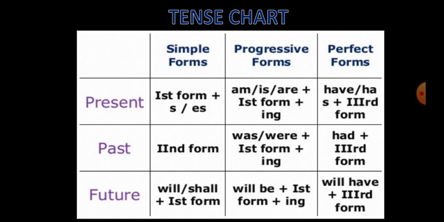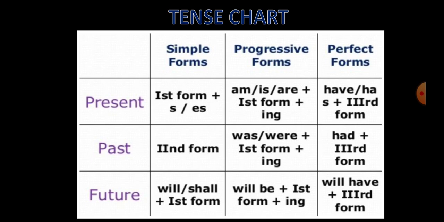Now if I ask you to make a sentence in simple present, and if you know the formula, that the formula for simple present is subject plus first form of verb plus s or es plus object, how can you make it? Supposing I took the subject as she.